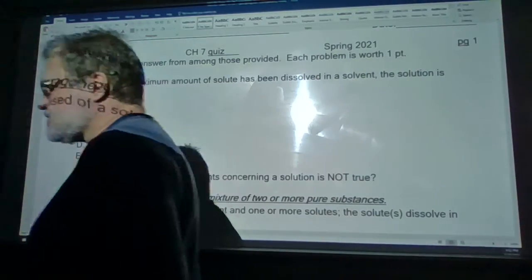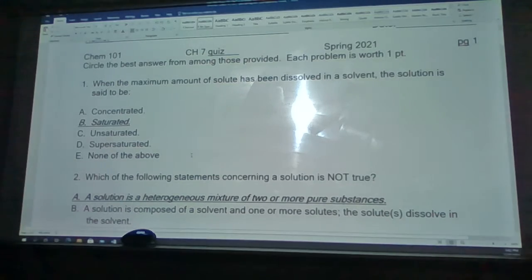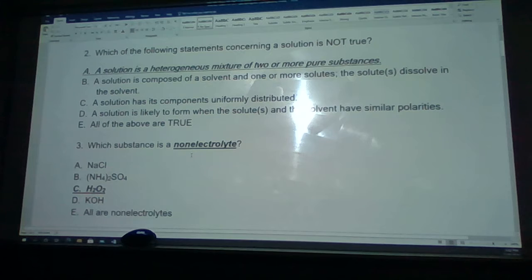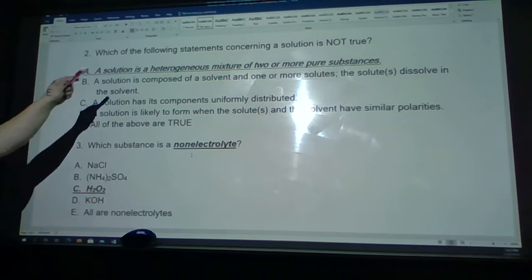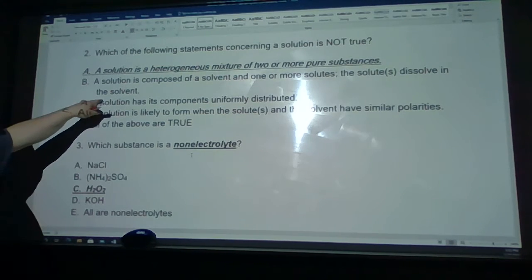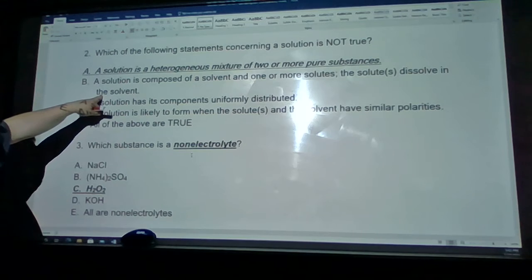Number 2, which of the following statements concerning solution is not true? A solution is a homogeneous mixture of two or more substances. So the solution is composed of a solvent and one or more solutes. The solutes are dissolved in the solvent.